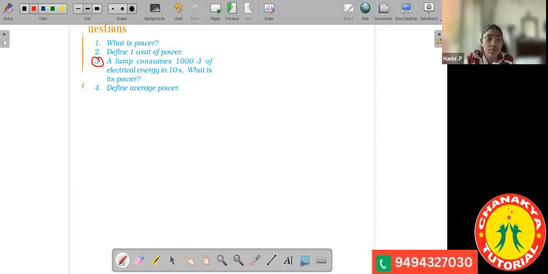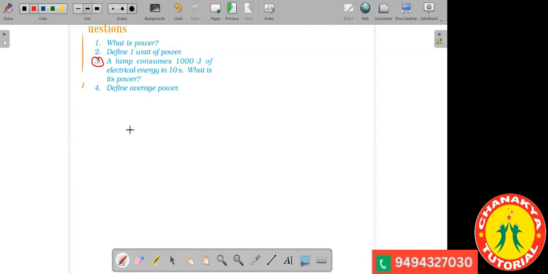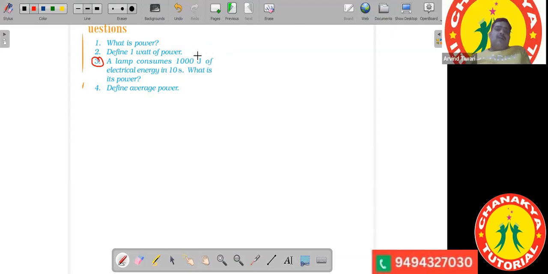The answer is 100 watt. Siddharth, did you get the answer? Yes, sir. So your answer is 100 watt, just by using the formula power is equal to work by time or energy by time. Energy is 1000, divided by time, which is 10, so this is equal to 100 watt.